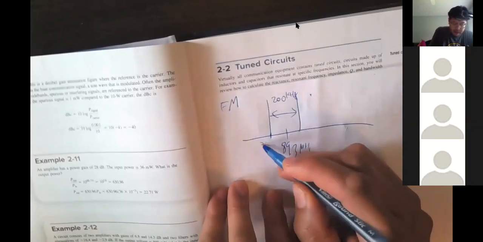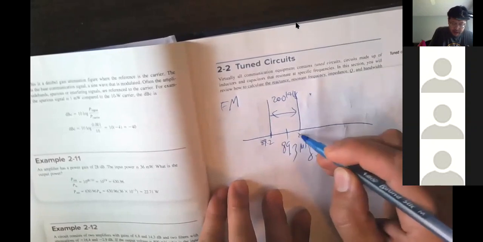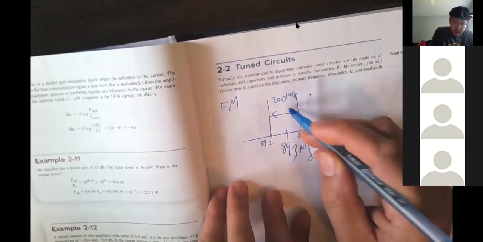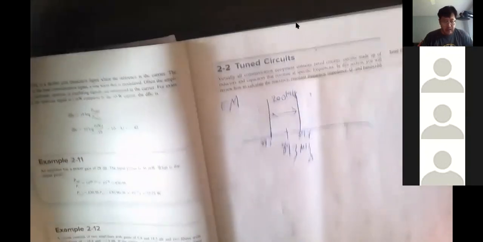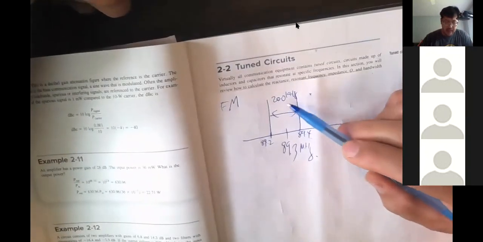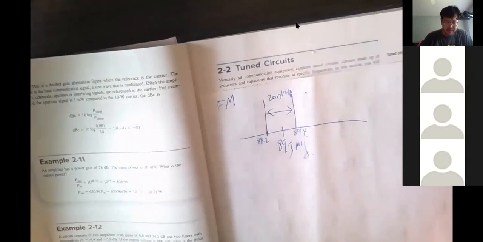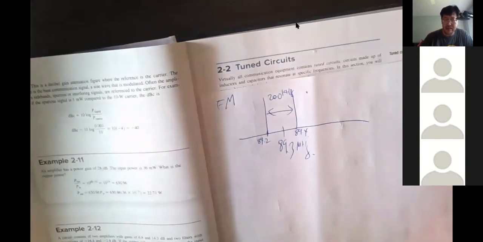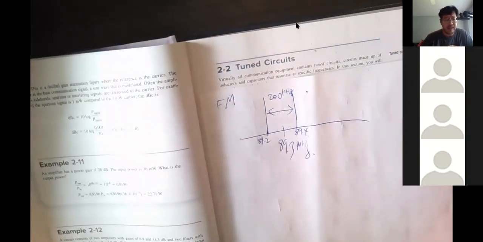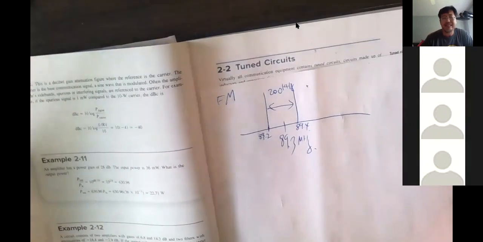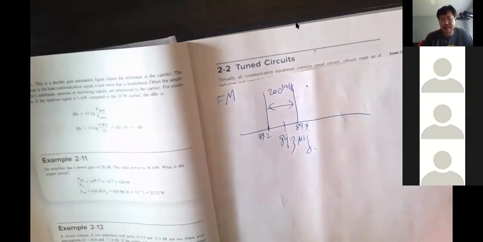So it started with 89.2, ended with 89.4. And this will be your payload. And look at that. That payload is much bigger than the 3000 hertz, right? When your human voice only needs 3000, well, this is 200,000. That means it's a 10-ton truck. It's a much bigger truck, heavy duty.